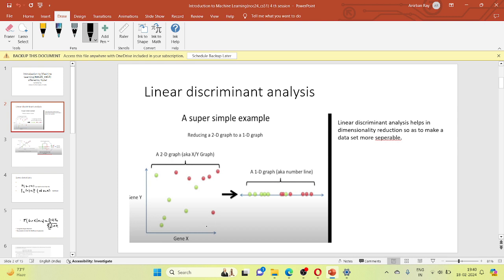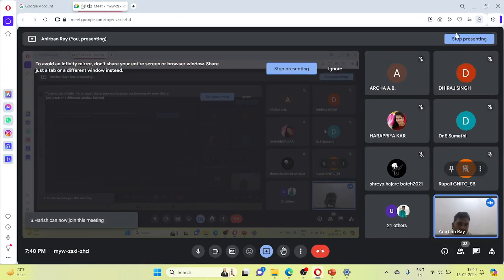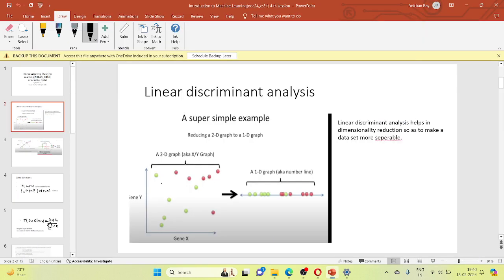Also understand that if I'm trying to find a plane, this is a 1D line. So I'm also reducing the dimension from 2 to 1. And if the dimension is too large, like 10 dimensions, we cannot plot that.